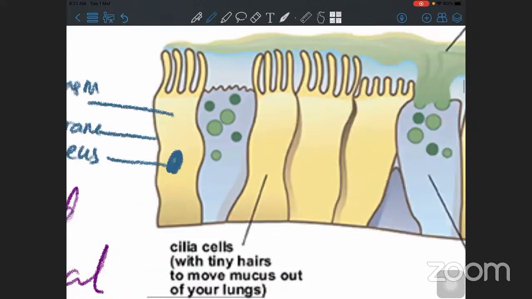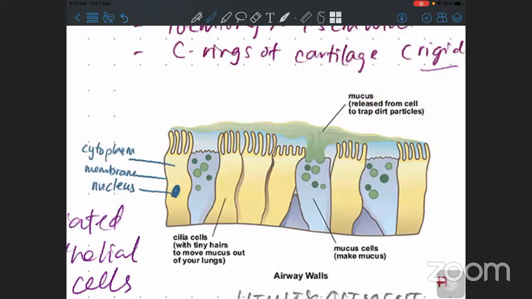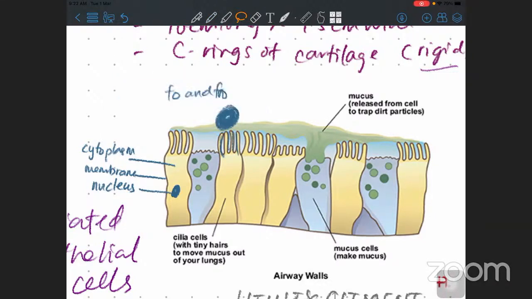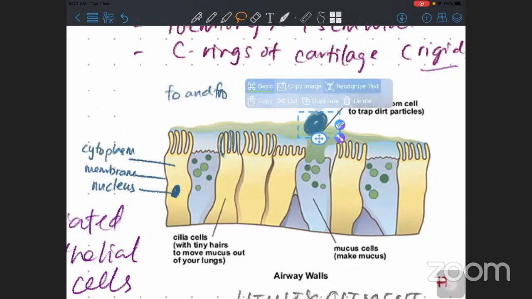This yellow one is a ciliary cell with tiny hairs. You see them move mucus out of your lung. This is the tiny hair, and it can pass everything. If you have dust particles here, they will move to and fro, left and right, then pass through this, into here, and again into here and out of the body.